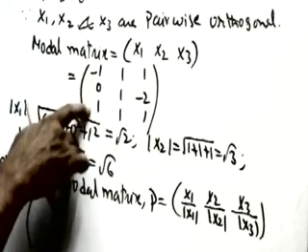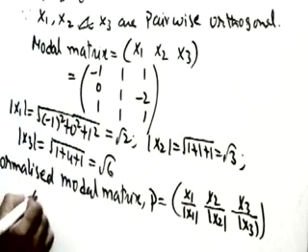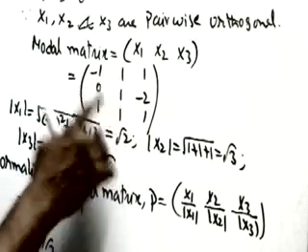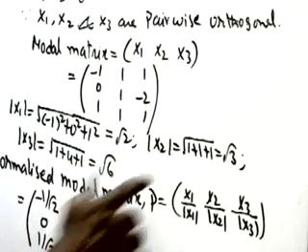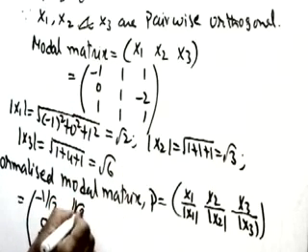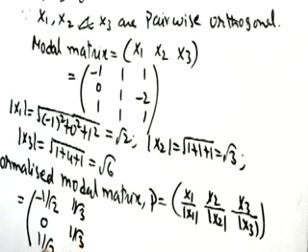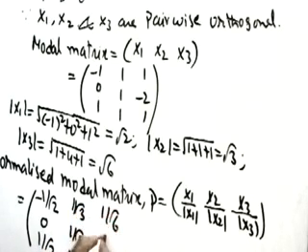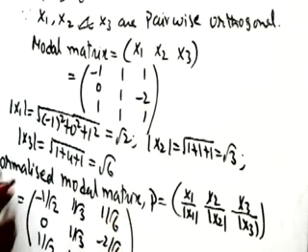Now x1 divided by mod x1 will be minus 1 by root 2, 0, 1 by root 2. Then 1 by root 3, 1 by root 3, 1 by root 3. Now this is 1 by root 6, minus 2 by root 6, 1 by root 6. So this is the value of P.